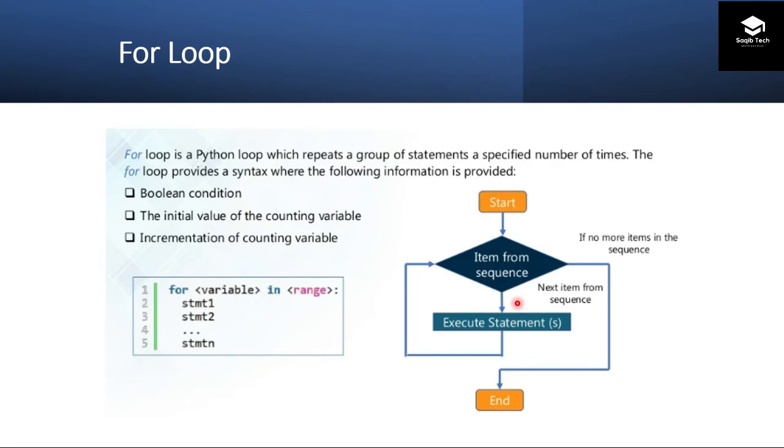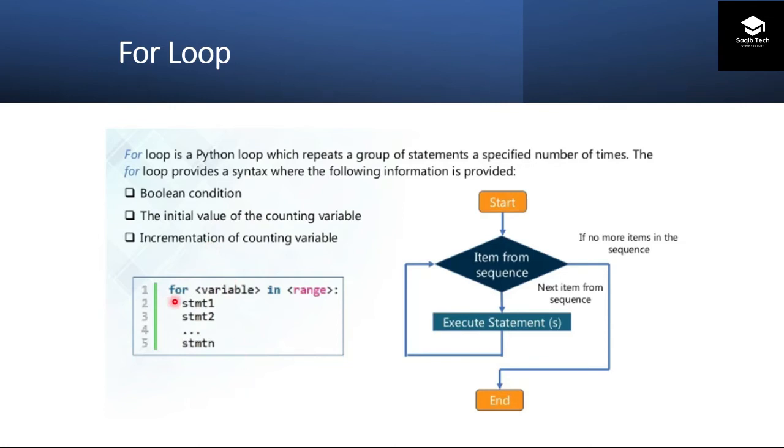We know how many times it will be running. For example, we want to print numbers from 1 to 10. We want to count numbers from 1 to 10. We know that the loop will start from 1 and end at 10. Okay, we know it always runs 10 times. Okay, it always checks whether we have completed that range or not.